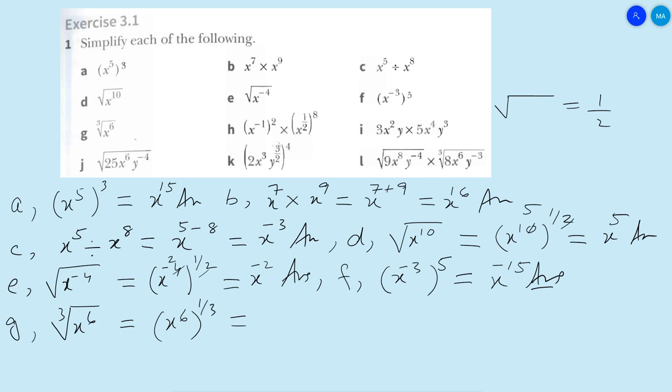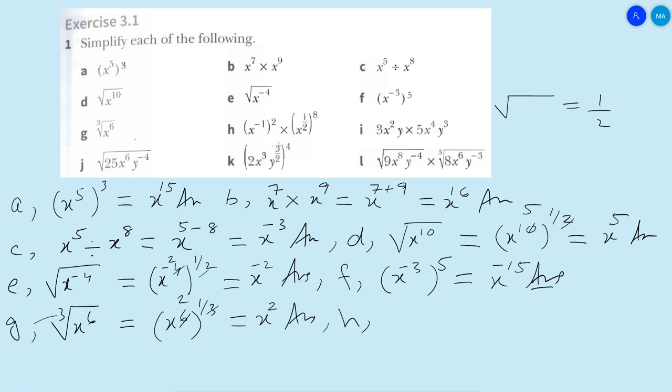If you see 3, you have to put 1 upon 3. If you see 4, you should put 1 upon 4. If you see 5, you should put 1 upon 5. If you see n, you should put 1 upon n, and so on. So 3 twos are 6. So the answer is x to the power 2.